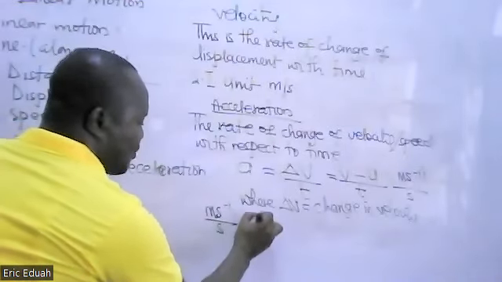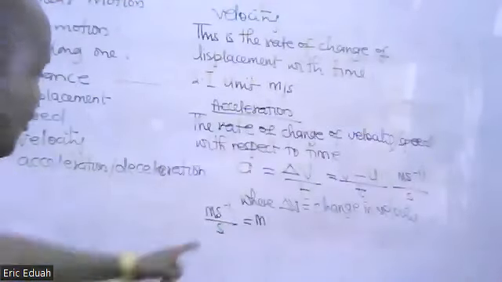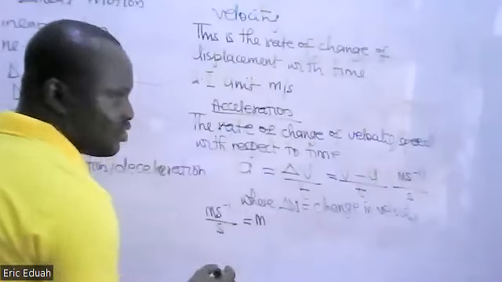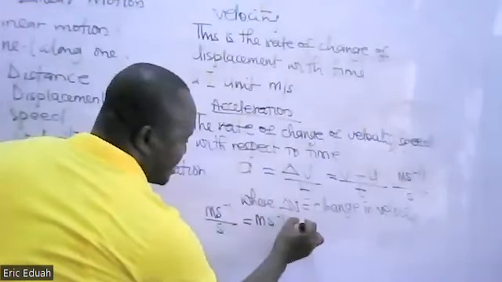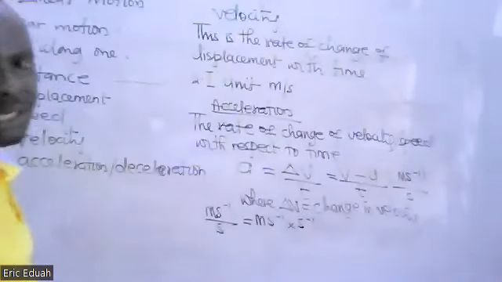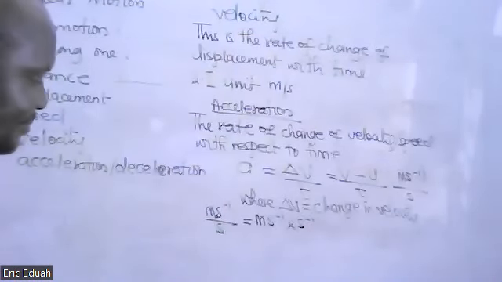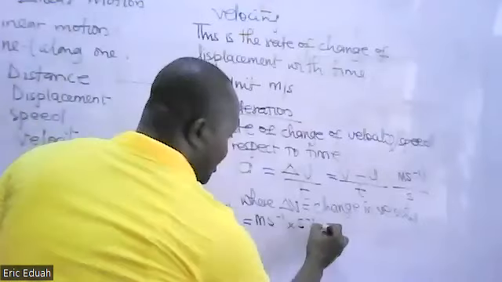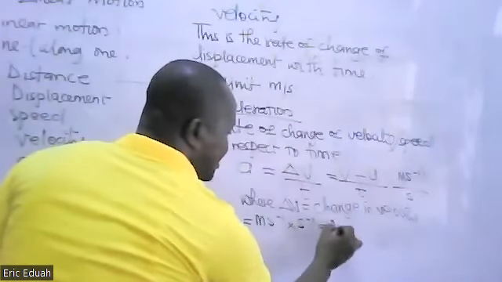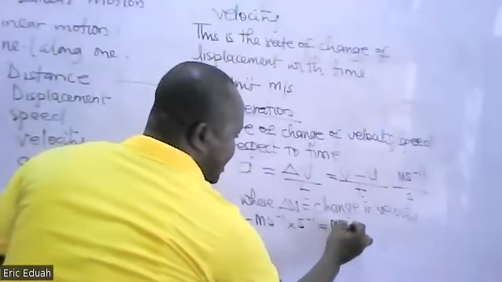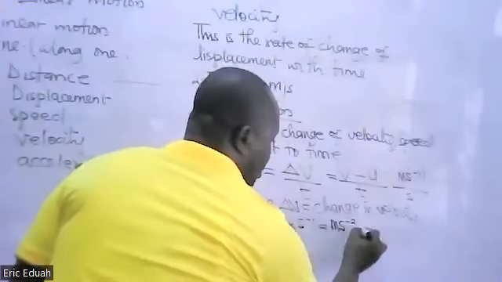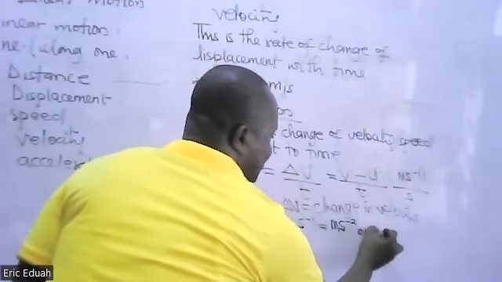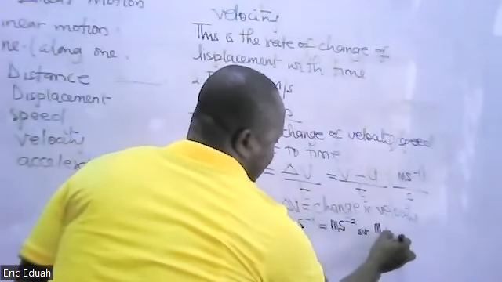If we bring the second in the denominator up, we have meter per second times per second, isn't it? And so we have meter per second squared.